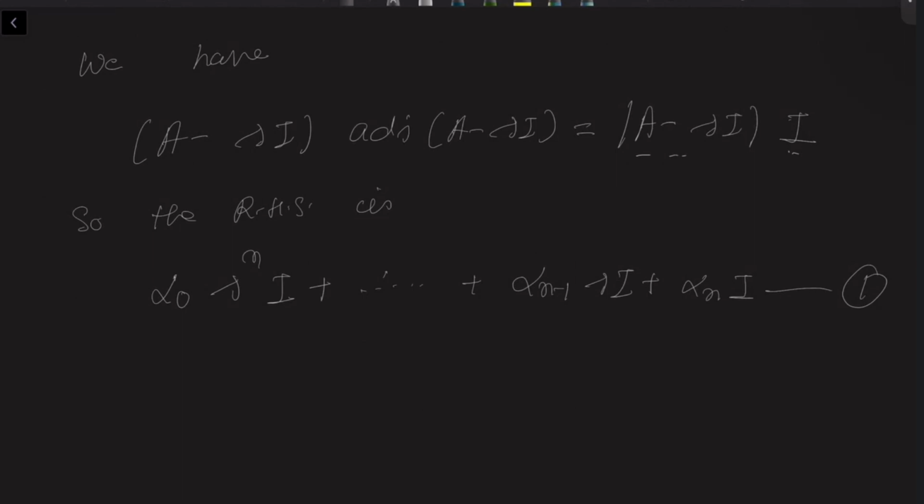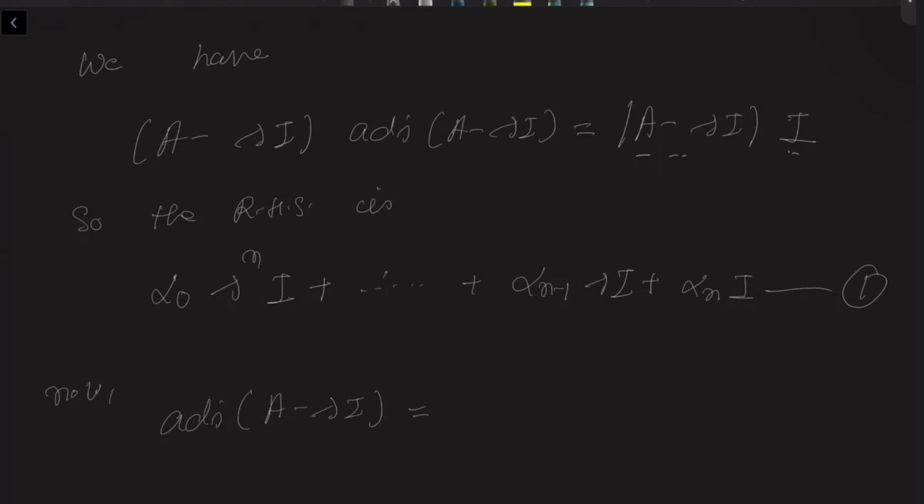Now, what is adjoint of A minus lambda I? See, how do we calculate adjoint? We first take minors and cofactors, and then we write it in transpose form. That is how we calculate the adjoint. I hope you know how to calculate the adjoint.